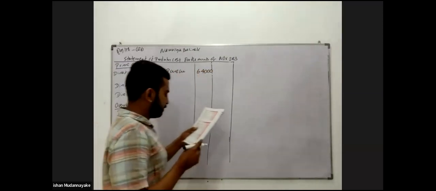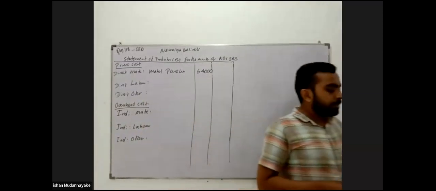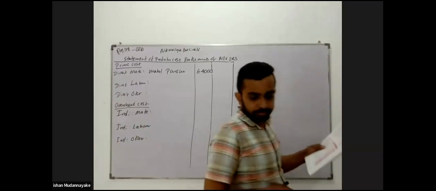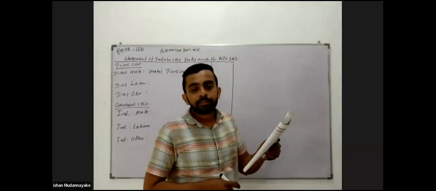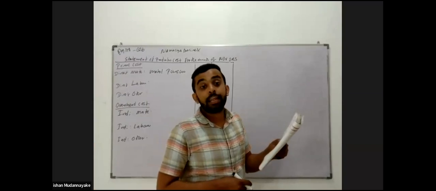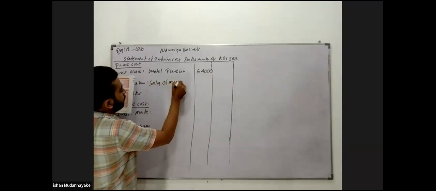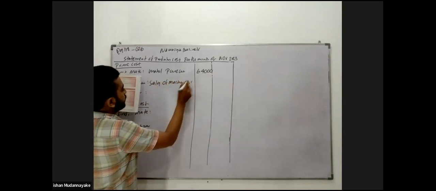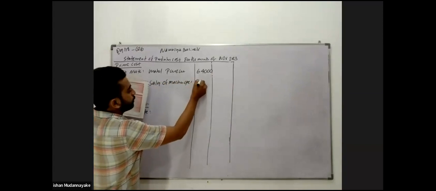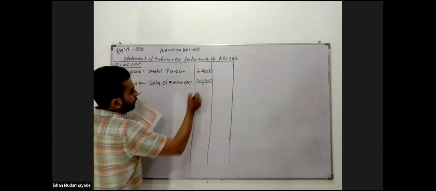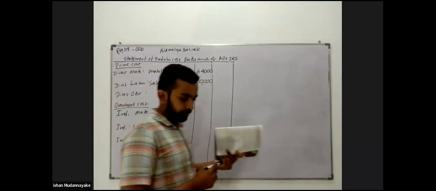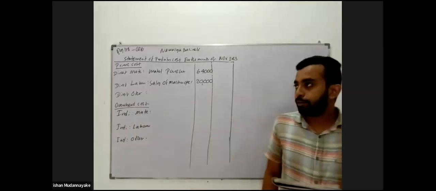And the next one, salary of machine operator 20,000, direct labor.